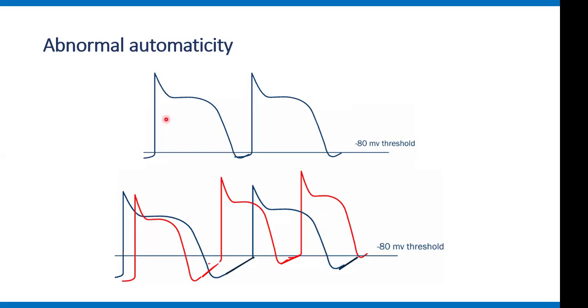So the first one, this is the normal thing we expect. But what happens is that it becomes abnormal, and then you'll notice that instead of it being prolonged, it becomes shorter and shorter and shorter, and that gives us what? An abnormal automaticity. It means that the node is discharging abnormally.